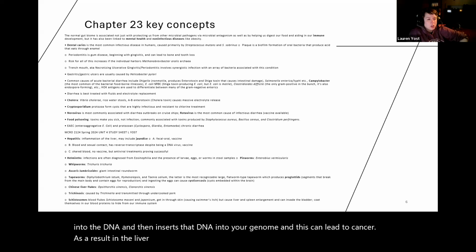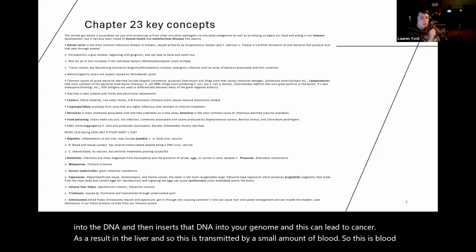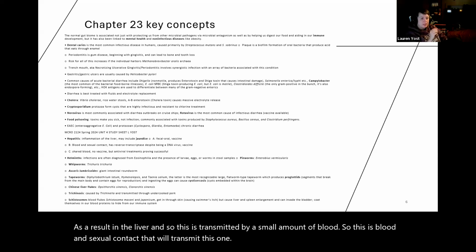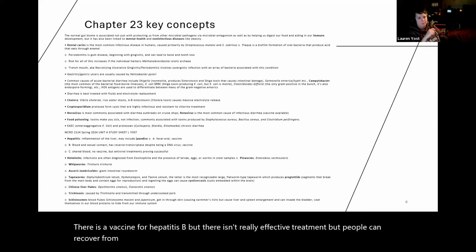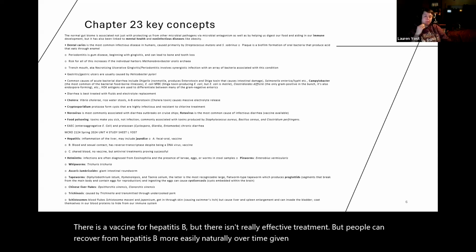This is transmitted by a small amount of blood, so blood and sexual contact will transmit this one. There is a vaccine for hepatitis B, but there isn't really an effective treatment, though people can recover from hepatitis B more easily, naturally, given time.